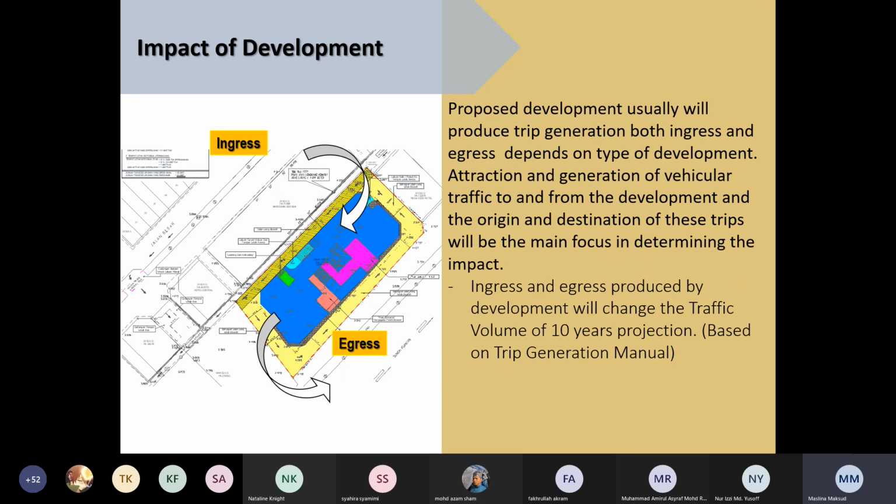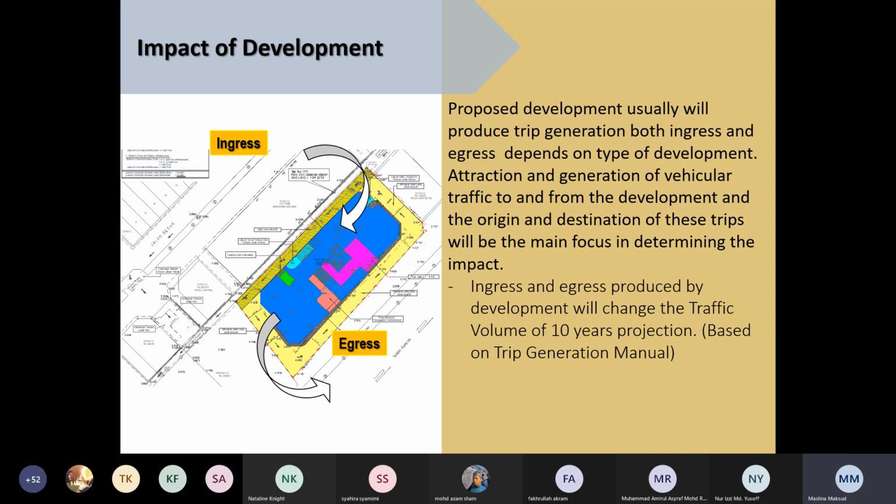So this is the example of our proposed development in Kuantan, Pahang, Bandar Kuantan. Usually it will produce the trip generation, both ingress and egress, which is the traffic entering the development and also the traffic exiting the development.